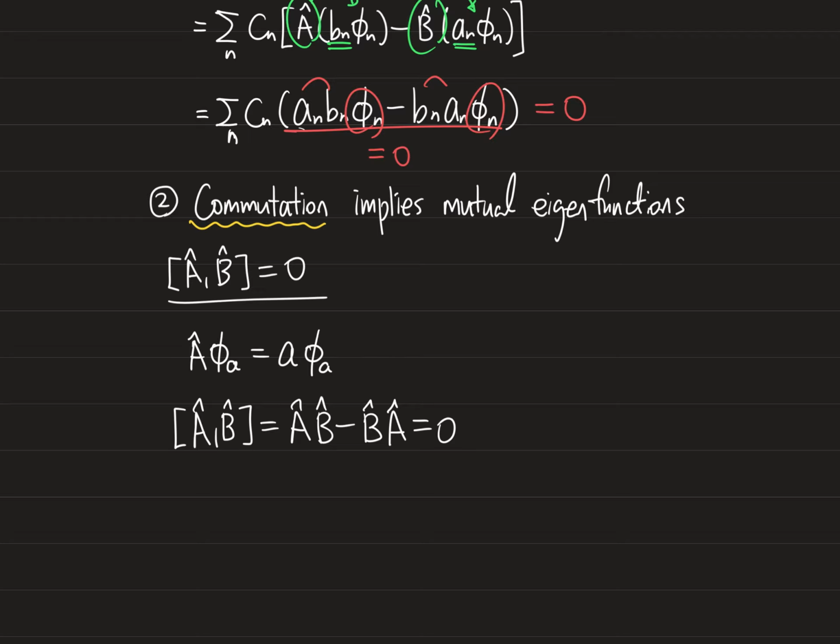So if we apply this commutator on the eigenfunction of operator A, what would be the result? What would be the result of applying the commutator on function PA? Simply this is 0, right? Because the commutator is 0, so basically this equation is just PA multiplied by 0.